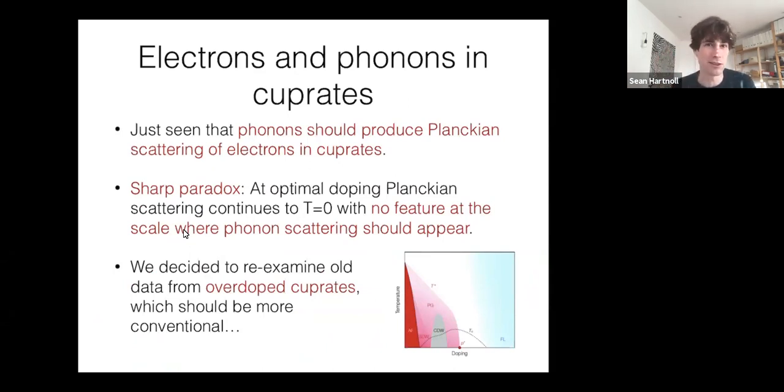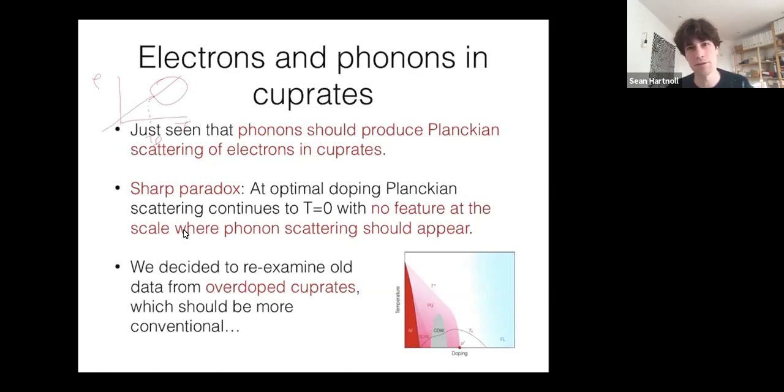And there's a real paradox then, which I don't know the answer to: this scattering of phonons, I'll draw again what I drew at the beginning, should only kick in above the Debye temperature. If we only knew about this range of cuprates, maybe it is phonons. I think mean free paths are a bit small, but maybe. But the problem is that it just carries on all the way down to 0 temperature without a kink.